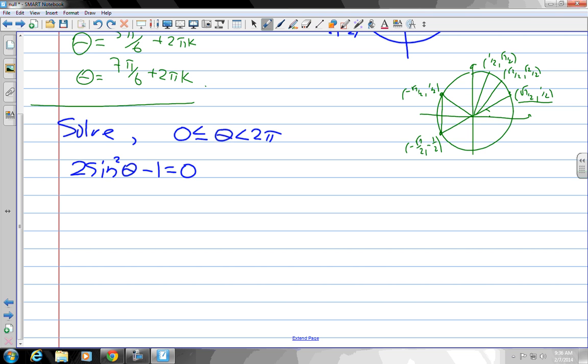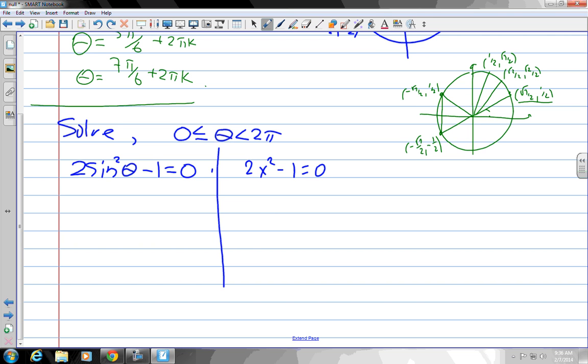Think about this. If this was not sine squared, if this was just x squared, how would you go about solving this equation? Yeah. So if I ask you to solve this equation, the first step you would do is what?